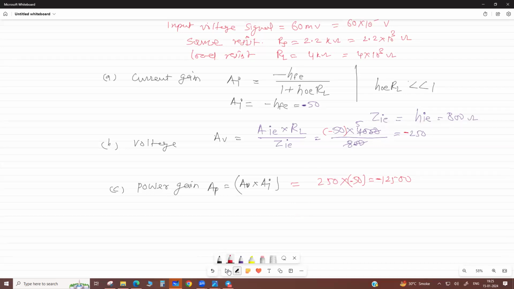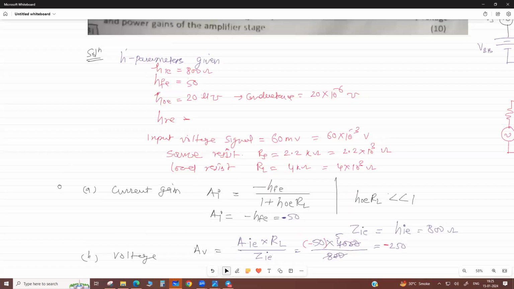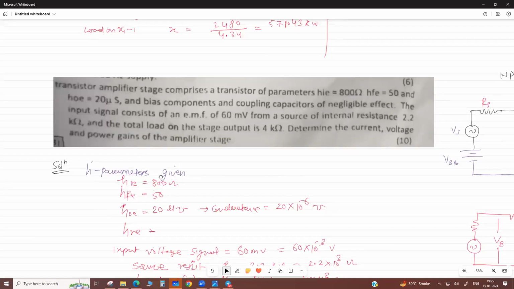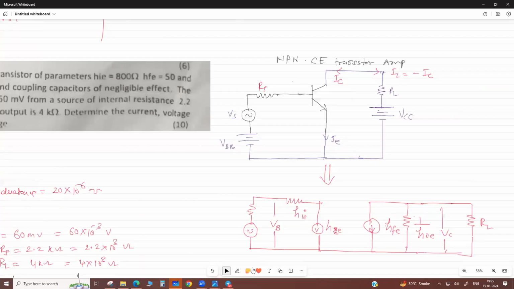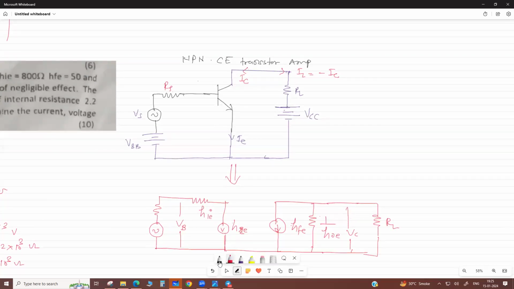So what does the minus sign show? Suppose you apply a small input signal here. Across this we get the output signal. It is amplified and it is inverted.